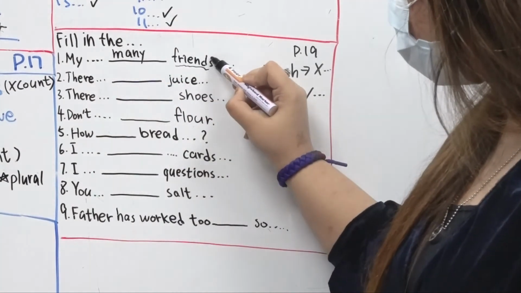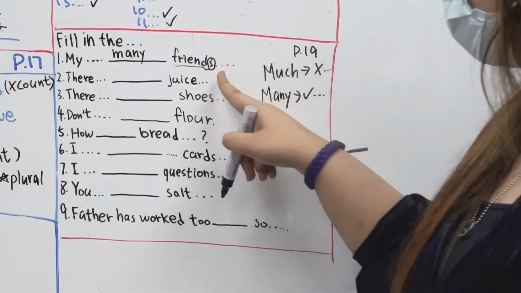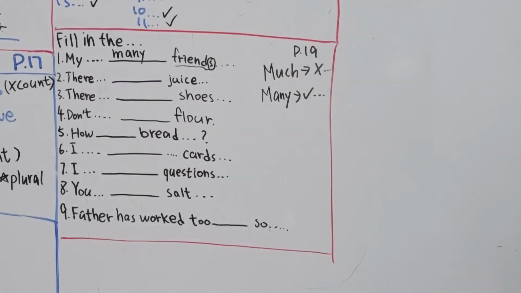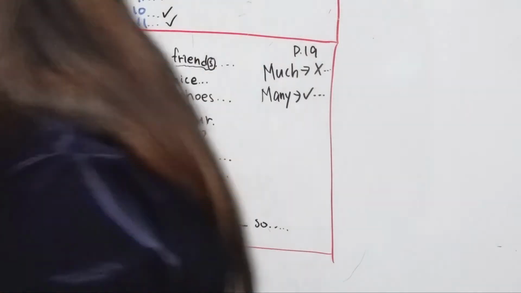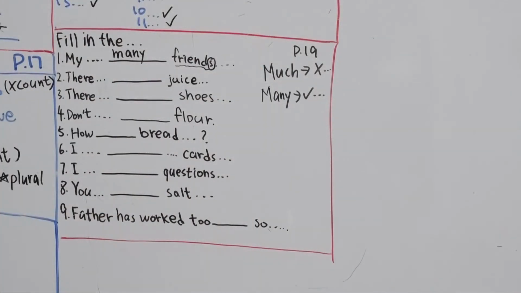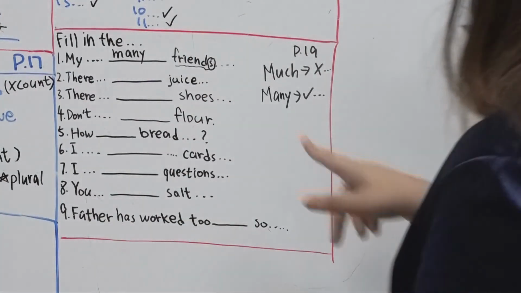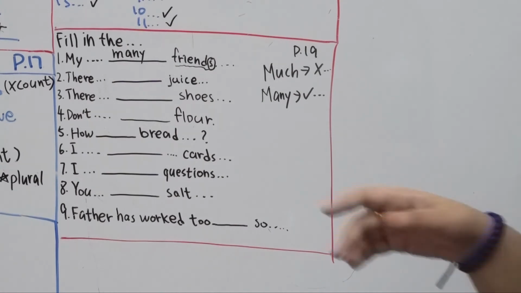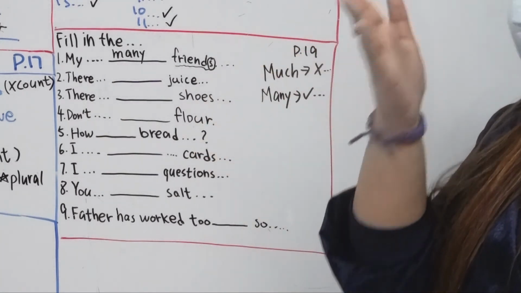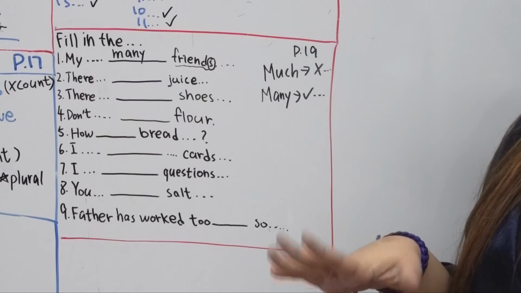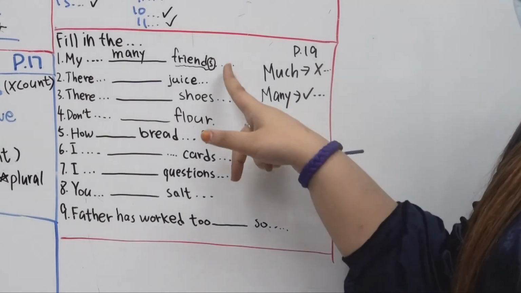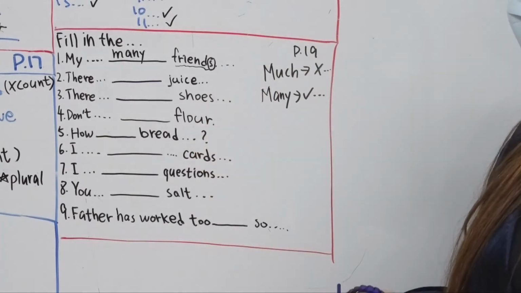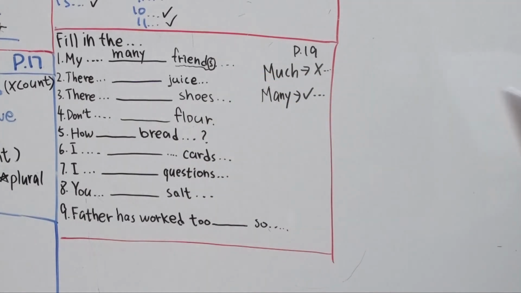Because this tells us we can count this. Friends. Understand? Sorry, let's do that again. For uncountable nouns, there is no S in the noun. Okay? Let's have a look at the next one.